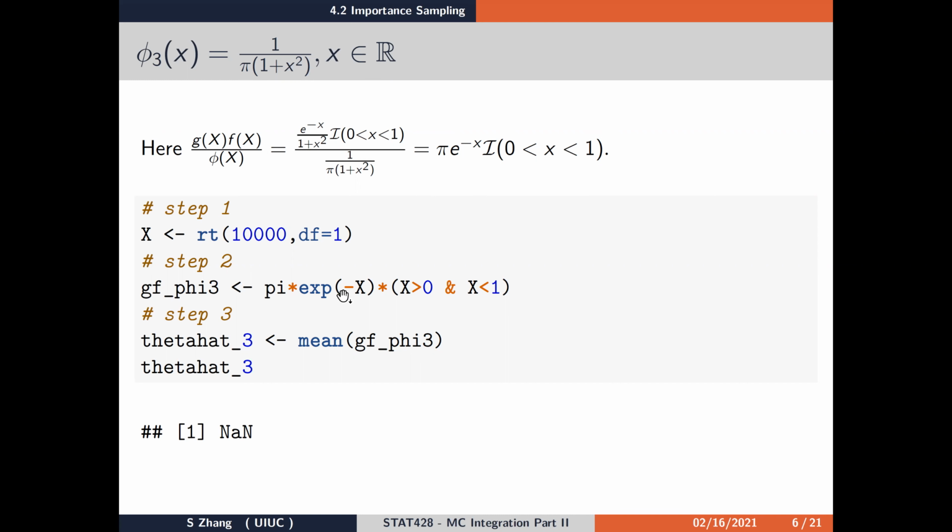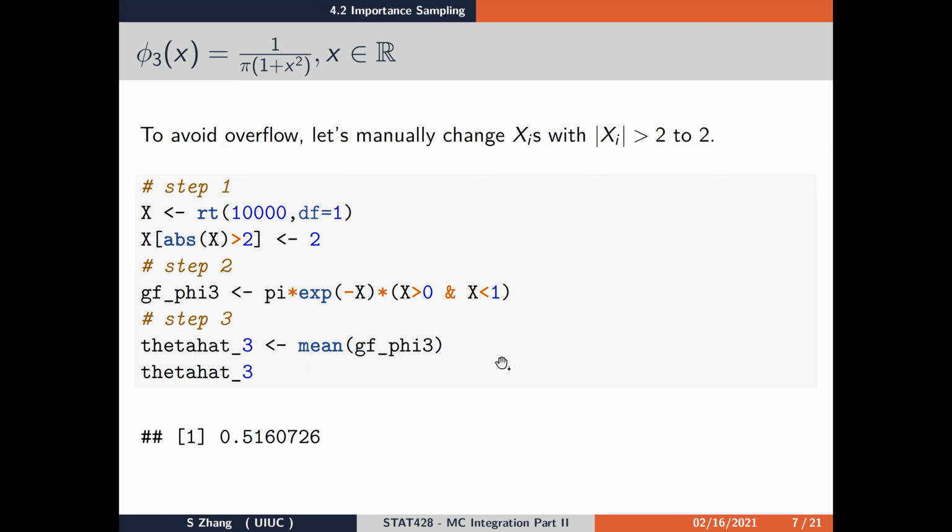When we calculate e to the negative x, if we have really large, or actually very small negative x values, say negative 1,000, then e to the negative of negative 1,000, which is e to the power of 1,000, will be really large, and that will lead to overflow inside R. However, we know that for x equal to 1,000, the value actually doesn't matter, because we know the indicator part will be equal to 0.